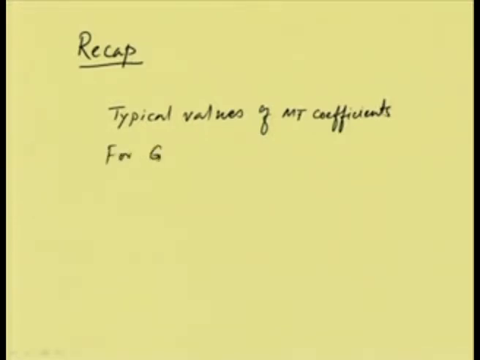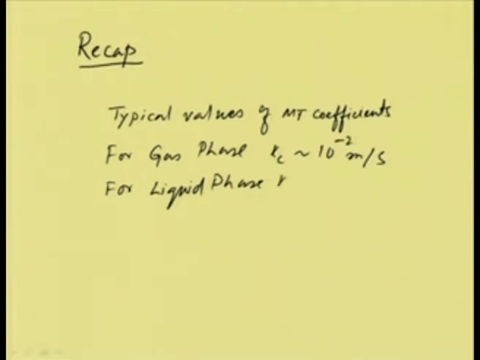So, for each case we have discussed the mass transfer coefficient and the relations among them, and finally, we have calculated the mass transfer coefficient for different systems and the typical values of mass transfer coefficients for gas phase: Kc is about 10 to the power minus 2 meter per second, and in case of liquid phase, Kl is approximately 10 to the power minus 5 meter per second.